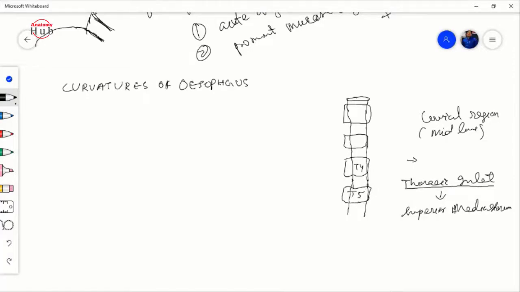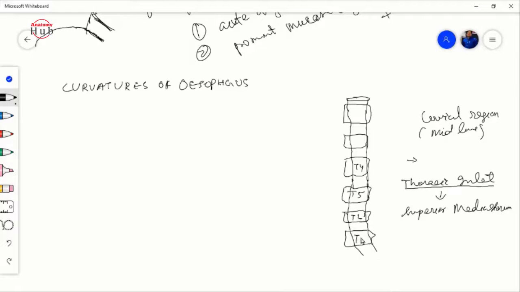Inside the superior mediastinum, at the level of the T5 vertebra, it returns again to the midline. It continues at the T6 level also at the midline, but at the T7 level, it again deviates towards the left.